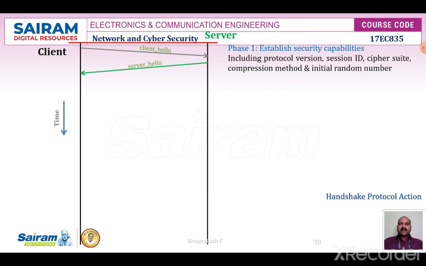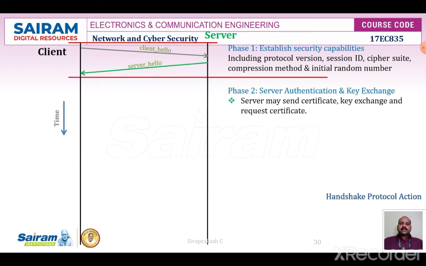Meanwhile, the message protocol has hello request, client hello, server hello, certificate, server key exchange, or certificate request. That is how the security capabilities are established in this particular phase 1. Okay, the next phase is called server authentication and key exchange.